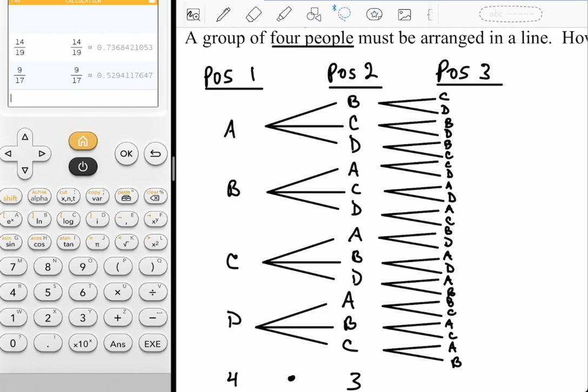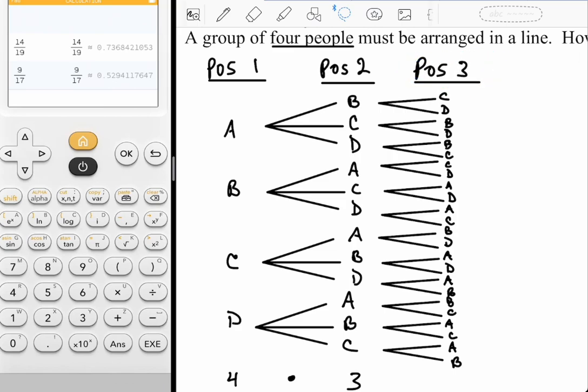When we're talking about arrangements, any possible way that the individuals can be grouped counts as part of the arrangement. It's the context of the situation that's going to tell us whether we need to eliminate repeats. So then the last possible position would have to be whoever's left over. So that's position 4.